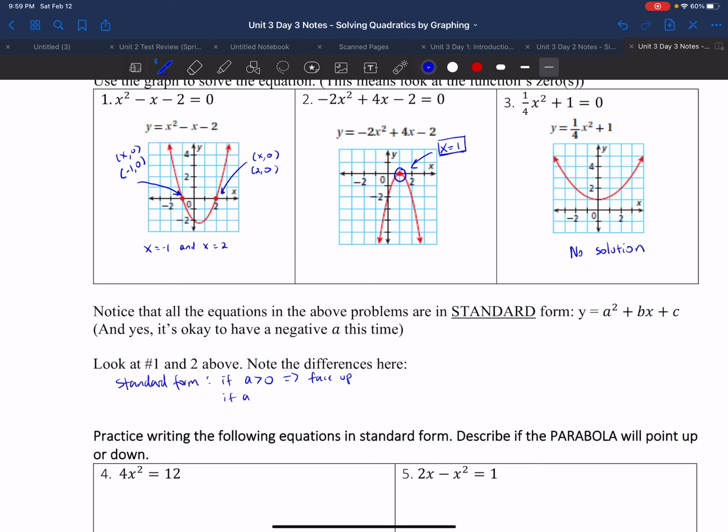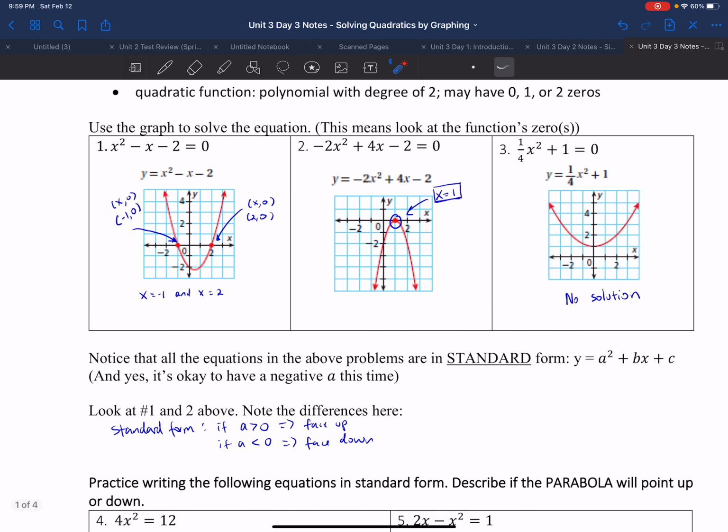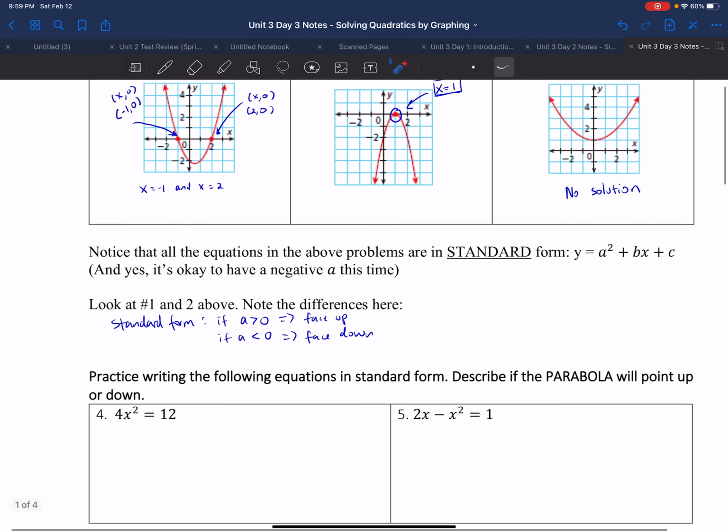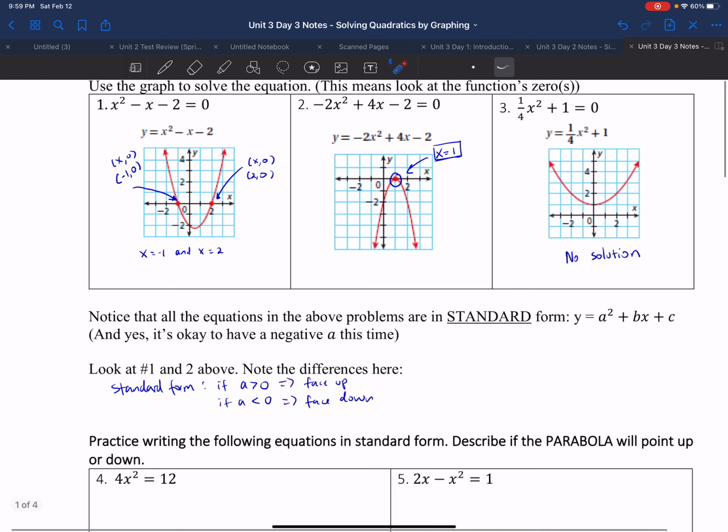If your a value is negative, then it's going to face down. Do you see how this is positive and it's going up, and this is negative and it's going down? That's why. That's something I want you to keep note of as well.